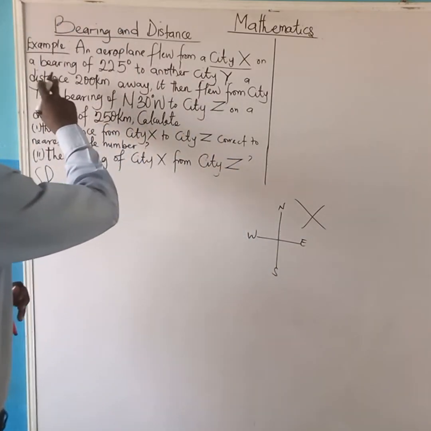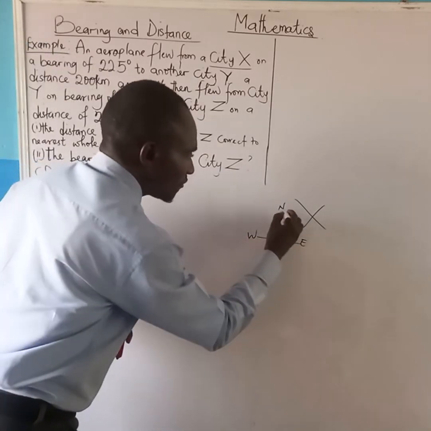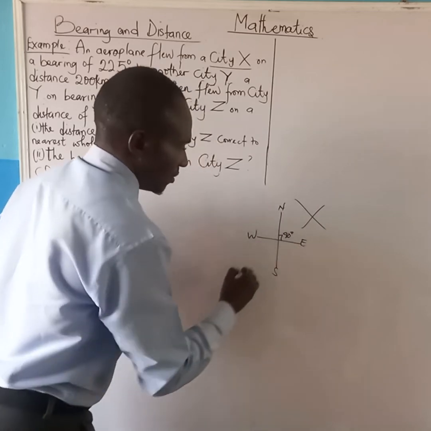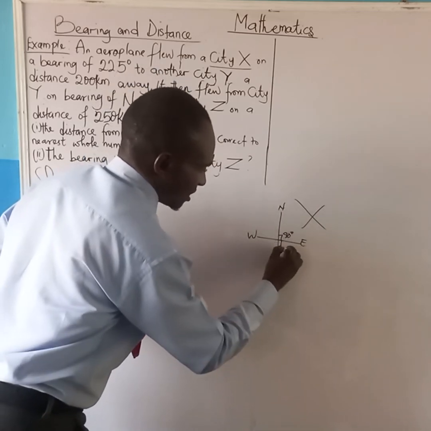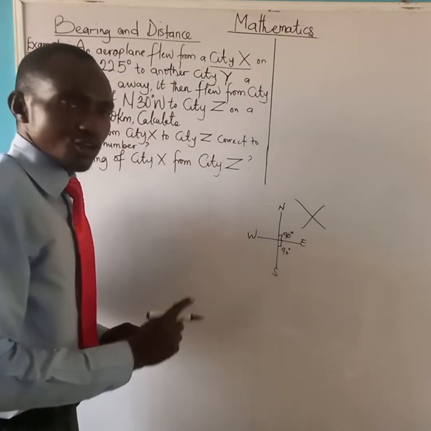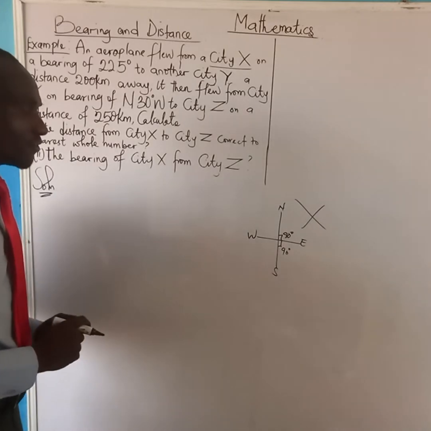Then on a bearing of 225 degrees. Knowing fully that from north to east is 90 degrees, then from east to south is 90 degrees. The sum of these two angles gives us 180, meaning it's not up to 225 you are looking for.